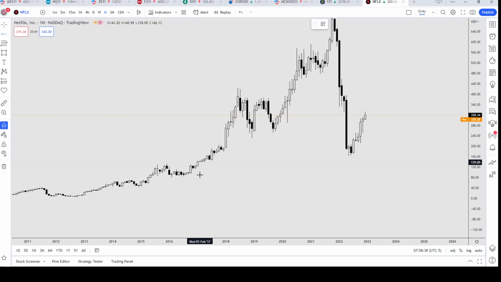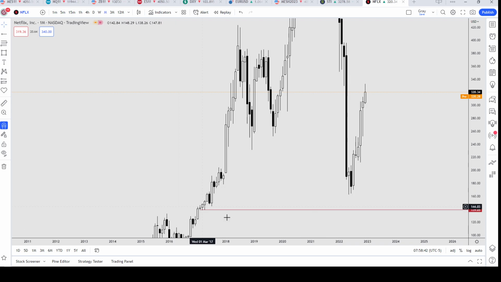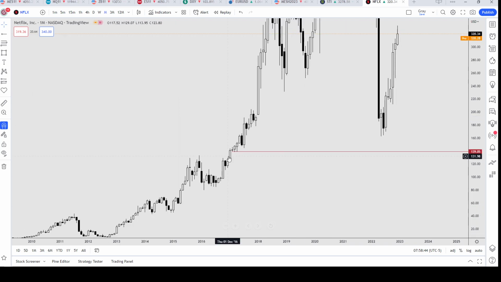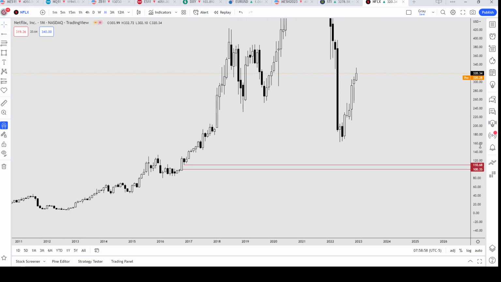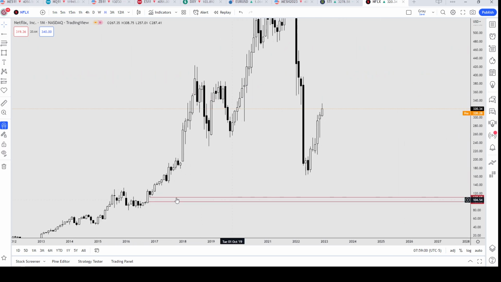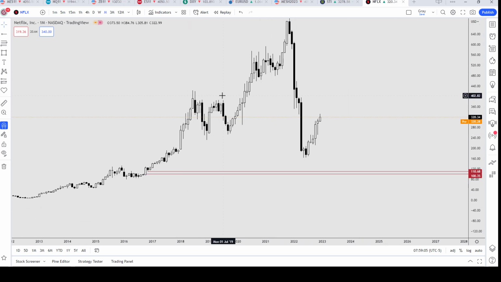I'll pick the nearest. No, not this. I want something that has never been tapped before. Right over here, and right here. So I'll just pick the nearest. For now I think this should be the next draw of liquidity.